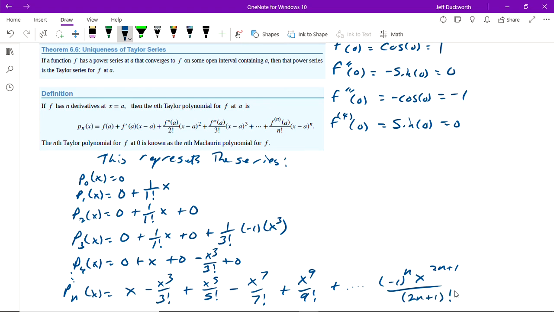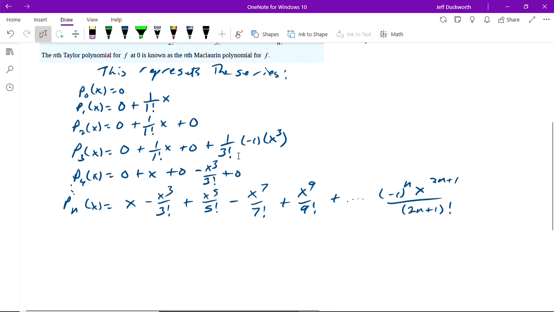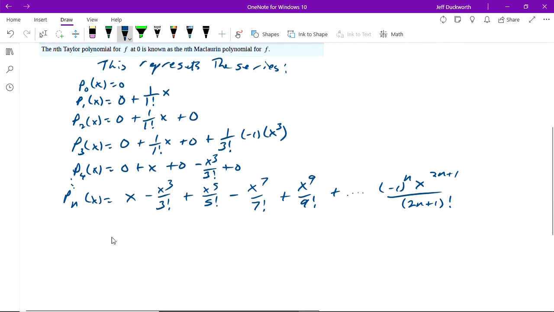So this is what we're going to have for sine. And so this equals the sum from, well, we're going to n, so let's pick a new letter. k equals 0 to n.